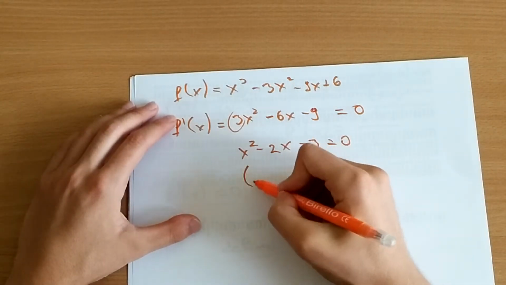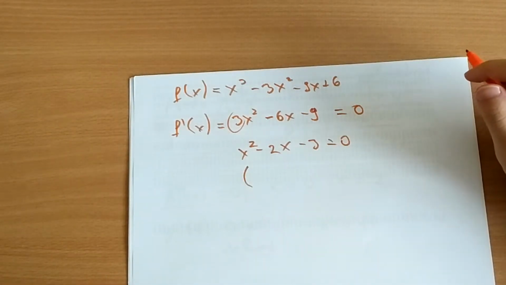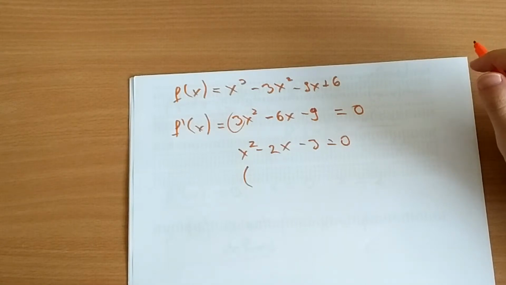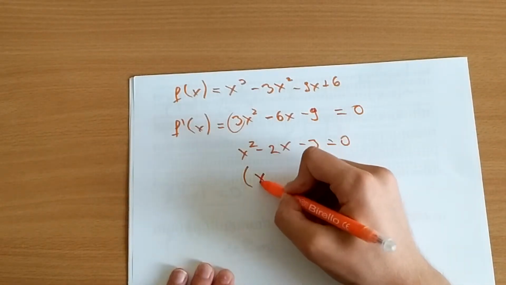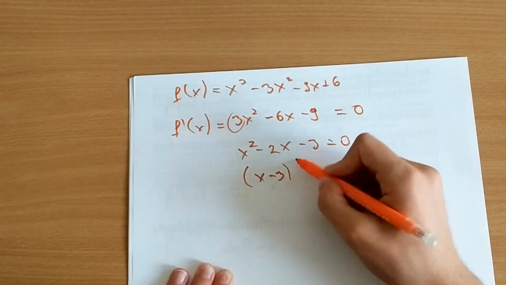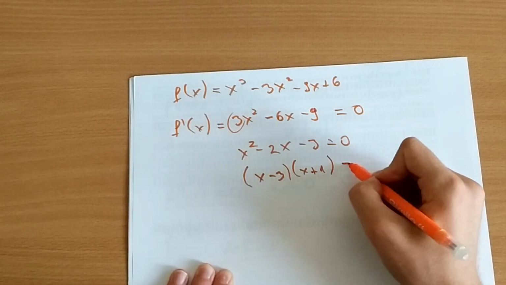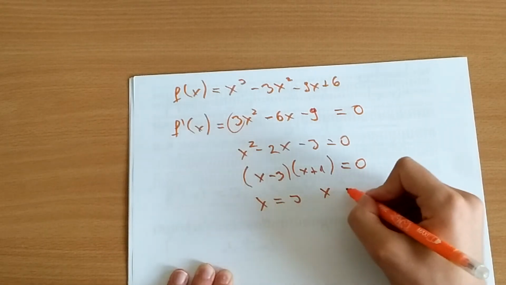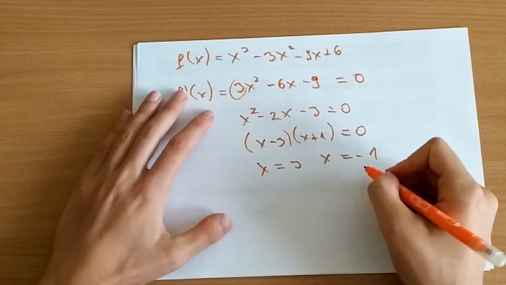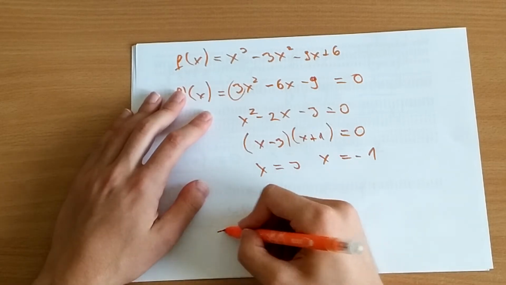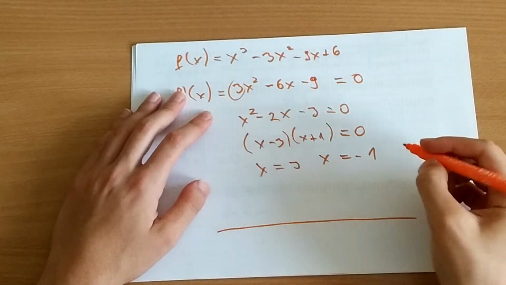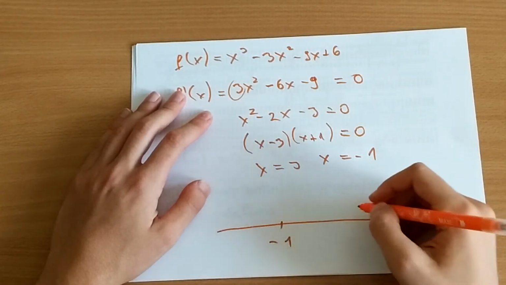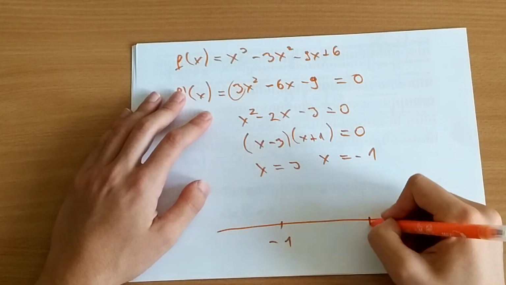If we factor this, we get x minus 3 times x plus 1 is equal to 0. So the zeros are x equal to 3 and x equal to minus 1. These are the critical points, and if you want to graph this, this is minus 1 and this is 3.